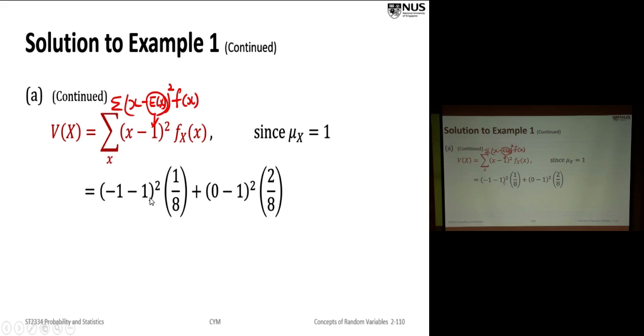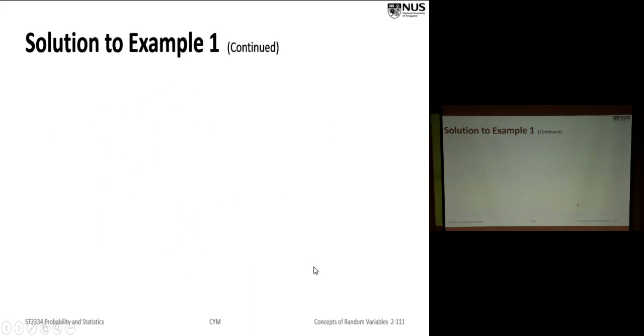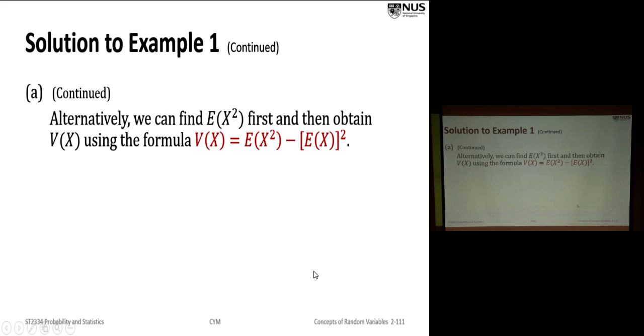So it's x minus mu x, squared; similarly here, x equals 0 minus 1, squared, times 2x, plus the rest. So the variance is 5 over 4. And how about y? We'll show this later.